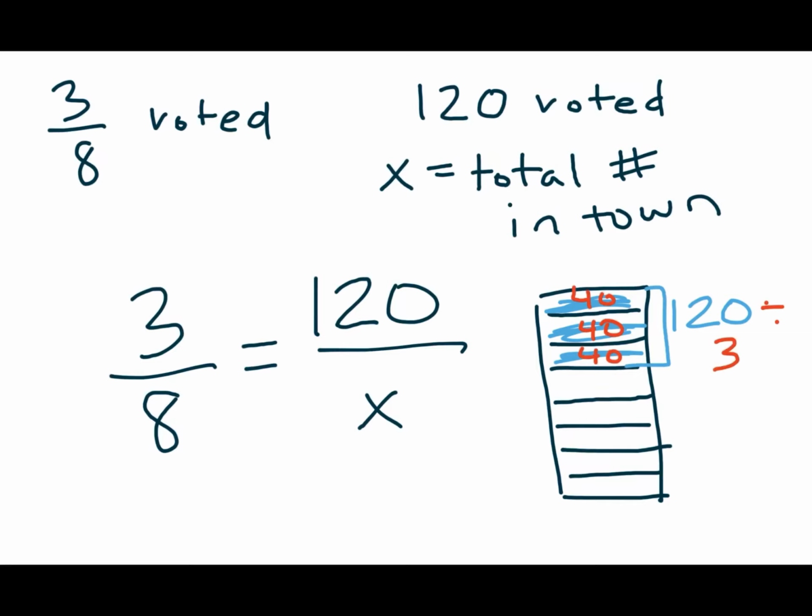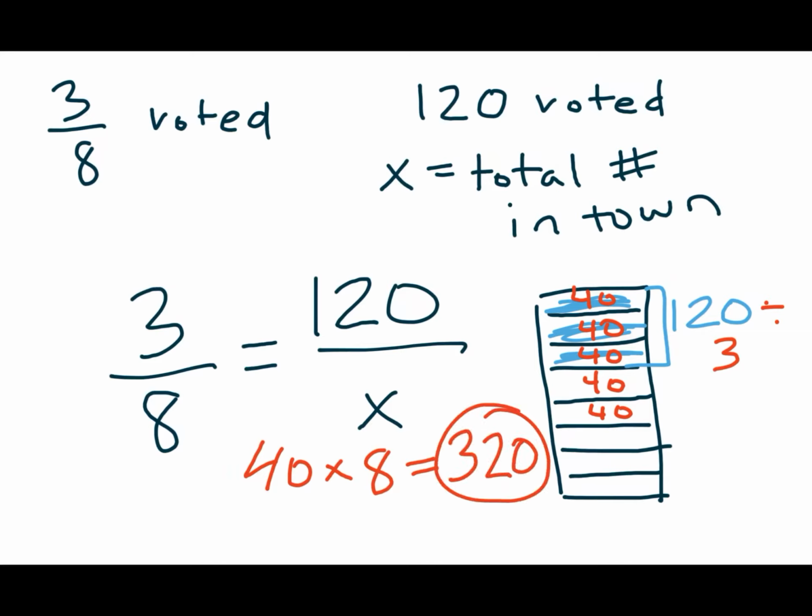How did I get 40? I just divided 120 into 3 parts. To find the total, I multiply 40 times 8, which gives me 320. That's the total number of people, 320.